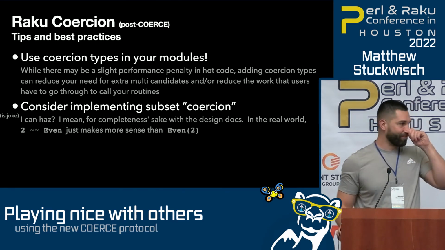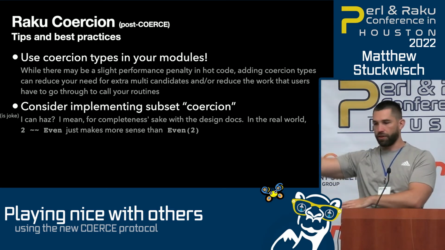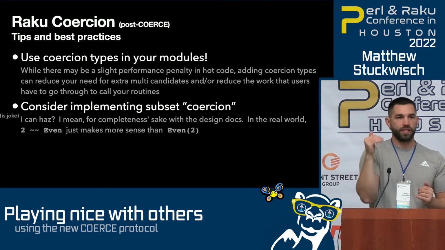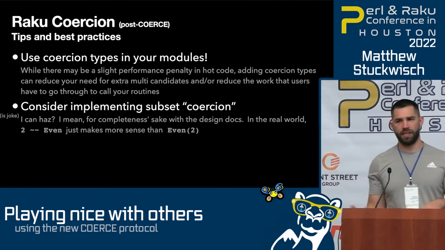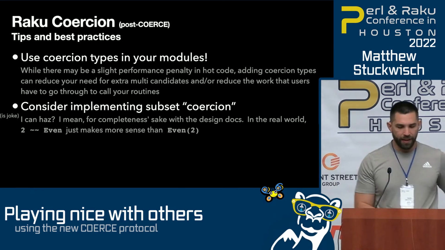Especially if you've got modules where internally you've got 100 different routines, but really your external interface is just two or three subs, make those all coercion types for me. You're not getting any major performance hit by doing it, and you make my life easier.